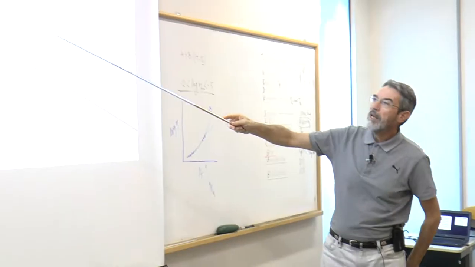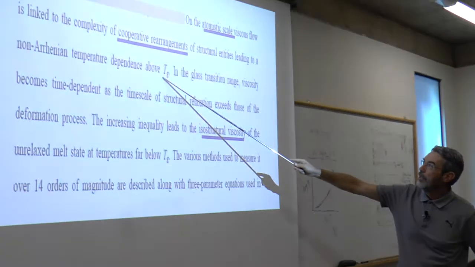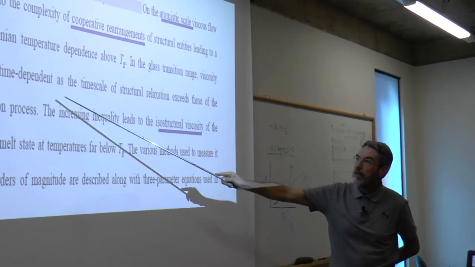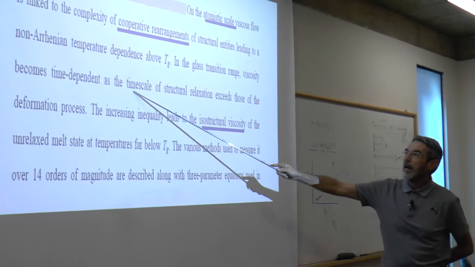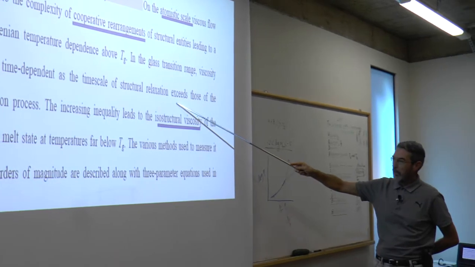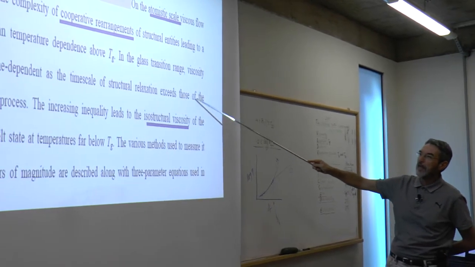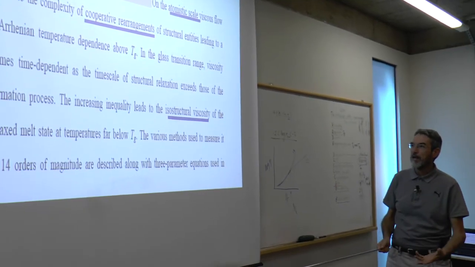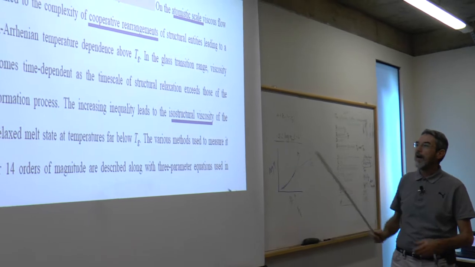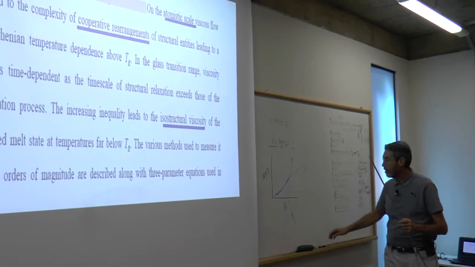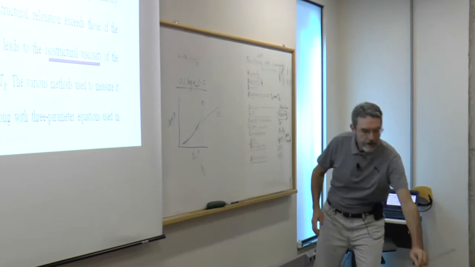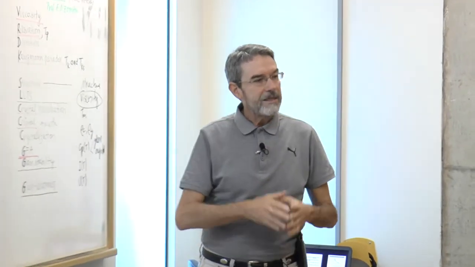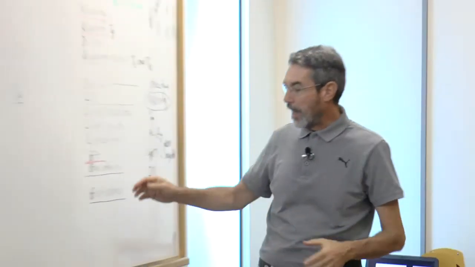So it's non-Arrhenian above Tg. However, in the glass transition range, viscosity becomes time-dependent as the time scale of structural relaxation exceeds the time scale of the deformation process for measurement. This leads to isostructural viscosity. So below the fictive temperature, which may or may not coincide with Tg, it becomes isostructural.